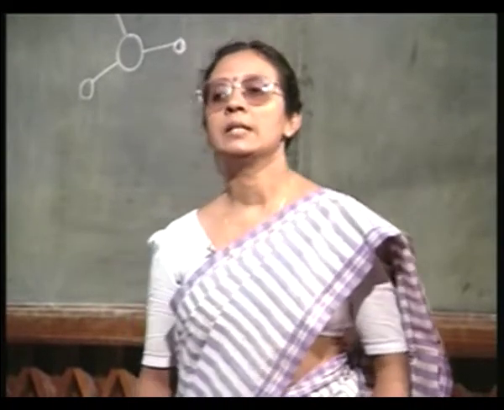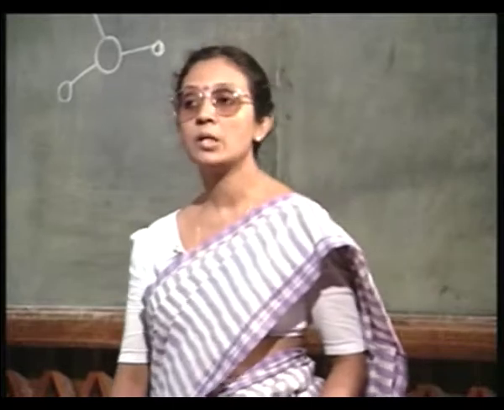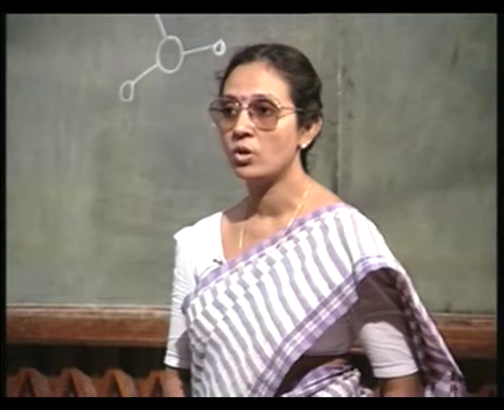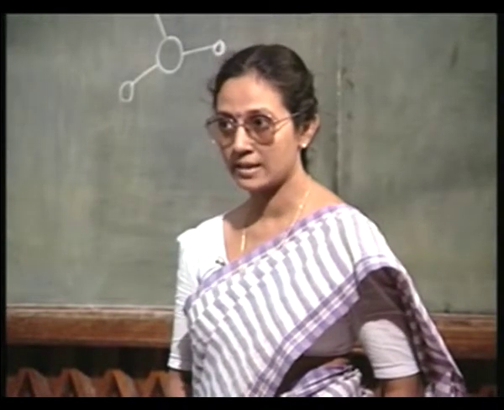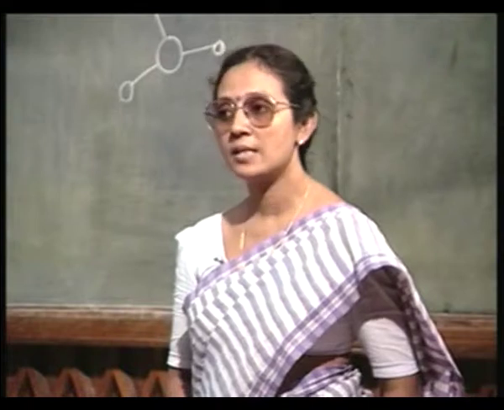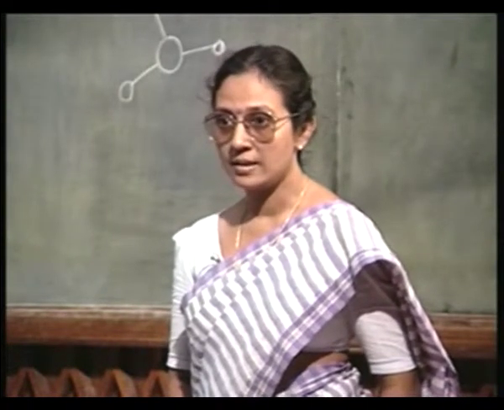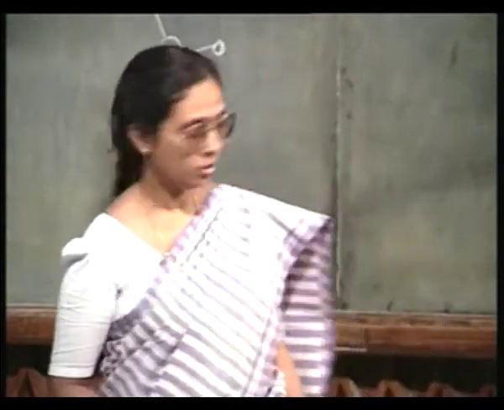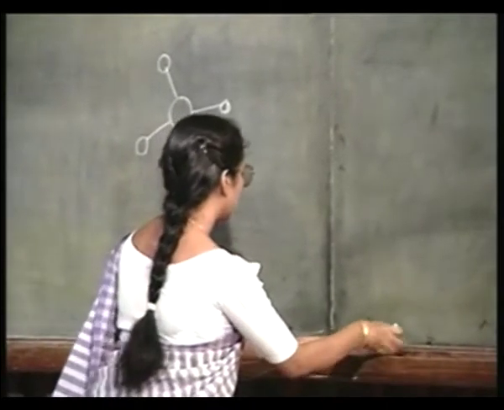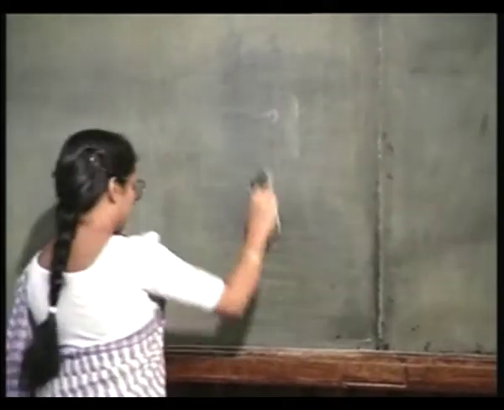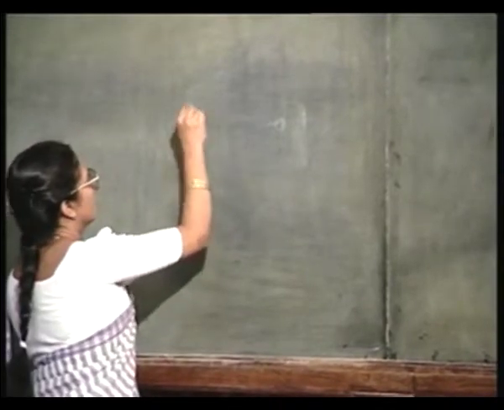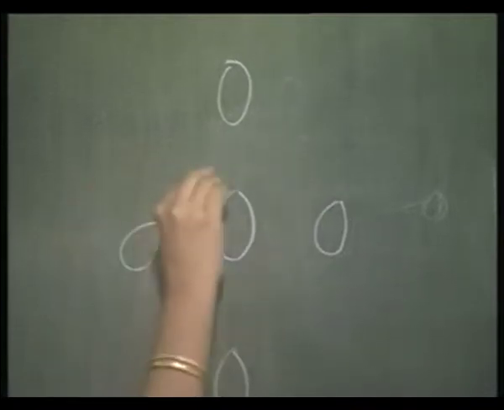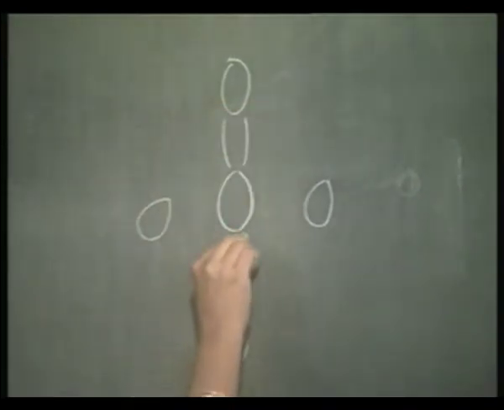Most often we say that an impurity atom is going to be electronically active, that is, it is going to act as an active dopant, active donor or an acceptor when it is replacing a silicon and taking up its position there. You all remember, I suppose, that we say these are the bonds which are formed.